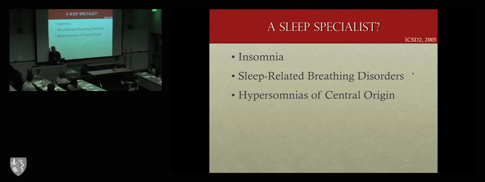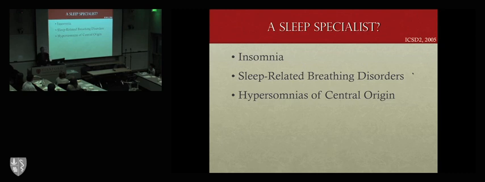Some of the more interesting symptoms that can be reported by patients with these conditions are sleep paralysis: as you fall asleep or wake up, you're paralyzed, you literally can't move. Or in this transition between complete wakefulness and sleep, you're actually hallucinating, and it can be auditory or visual.